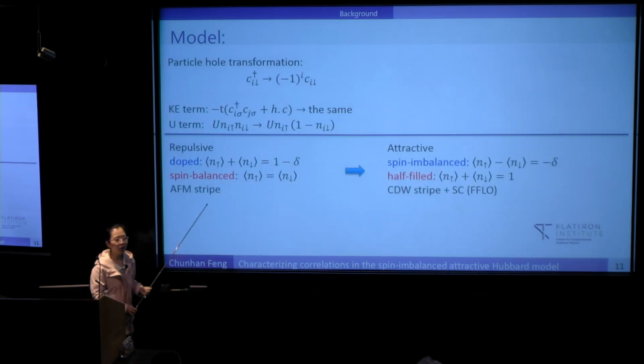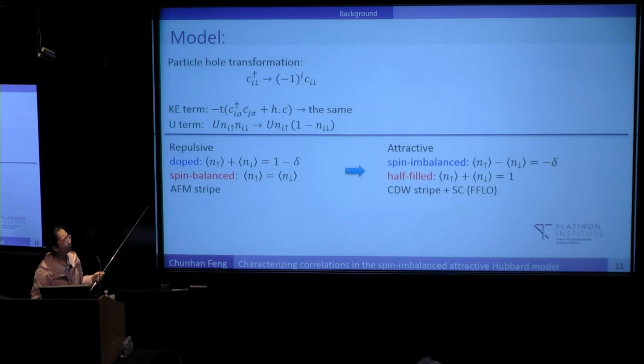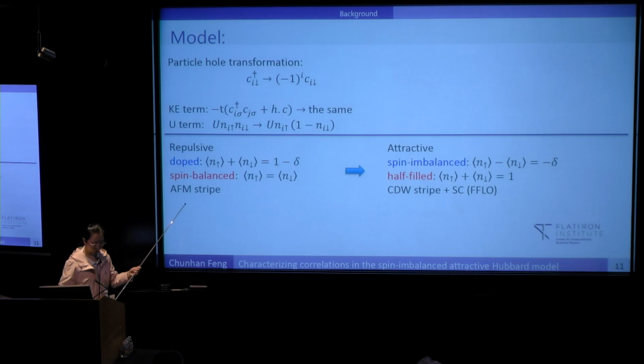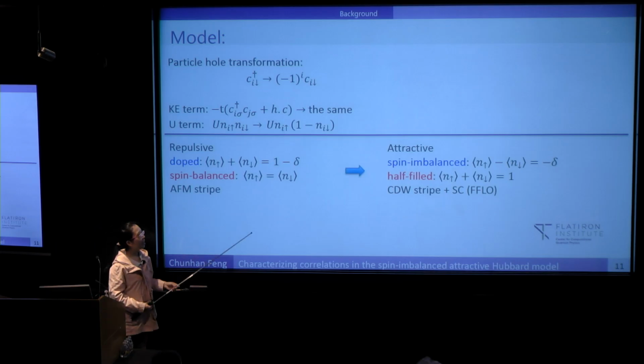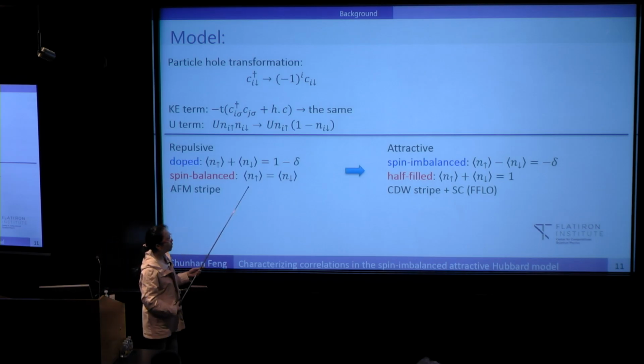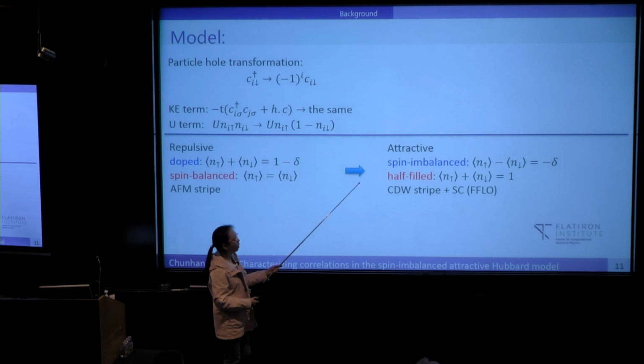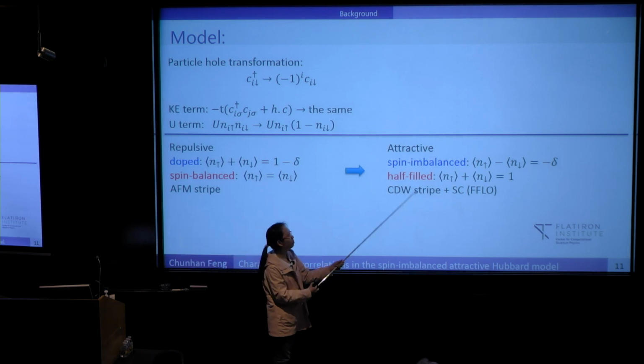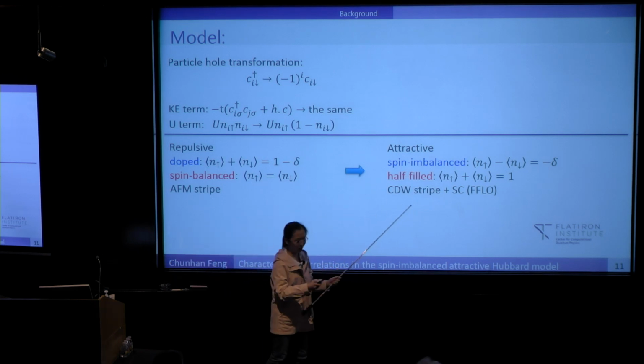Okay, so we have mentioned several times there is a mapping between the attractive Hubbard model and the repulsive one. But here I also want to emphasize there are some differences. Most of the studies in the literature focus on the doped spin-balanced repulsive Hubbard model. If we do the particle-hole transformation, it will correspond to a spin-imbalanced but half-filled attractive Hubbard model.